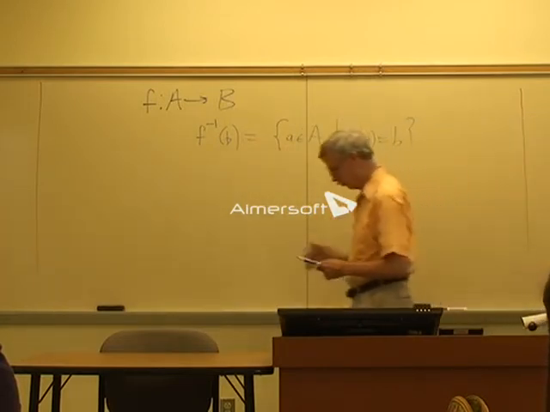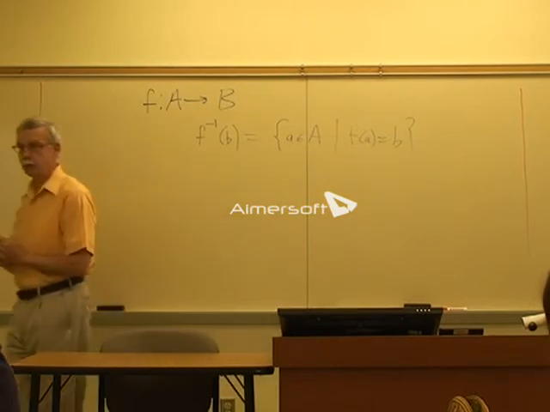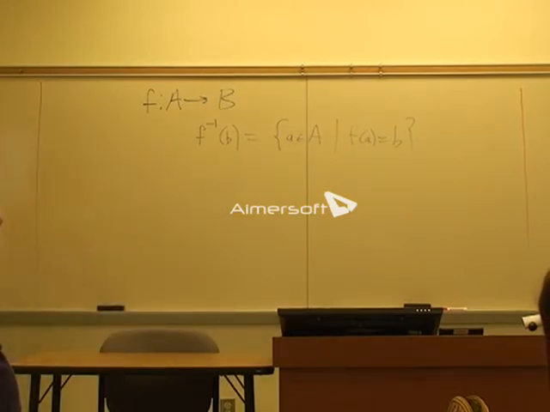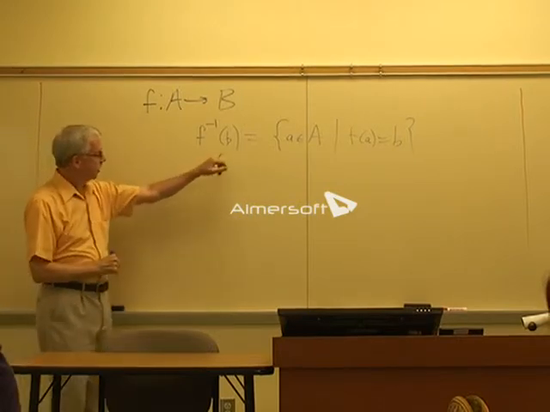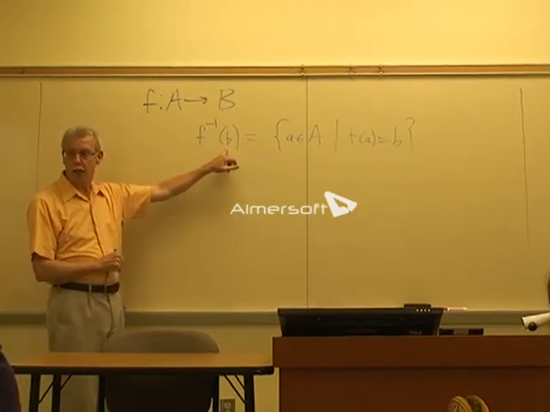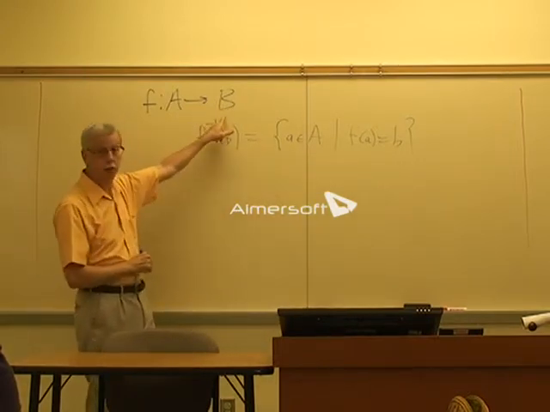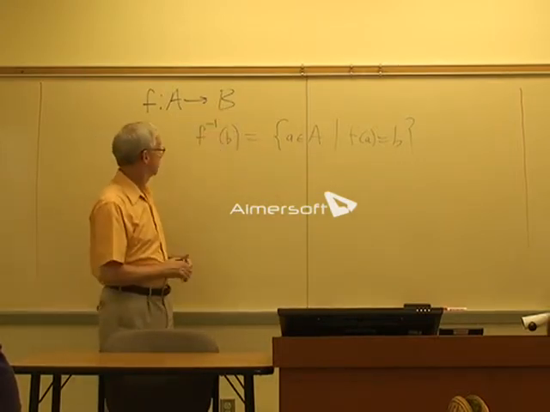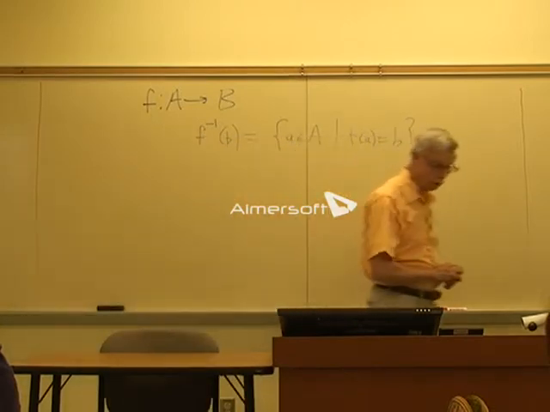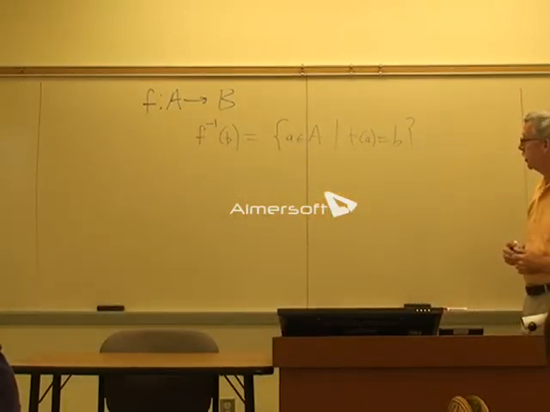First real question of the day: how do I know the pre-image is never empty? Well, it can be, right? If no one ever gets sent to B, then its pre-image is the empty set. I don't have to touch every element in here. So this can be empty if B is not in the range.